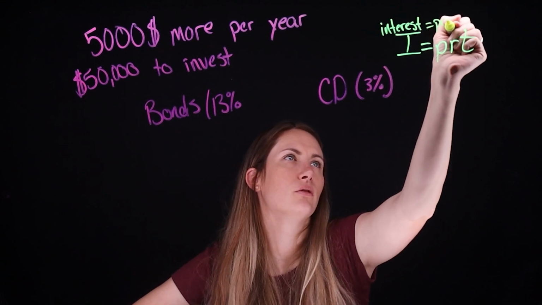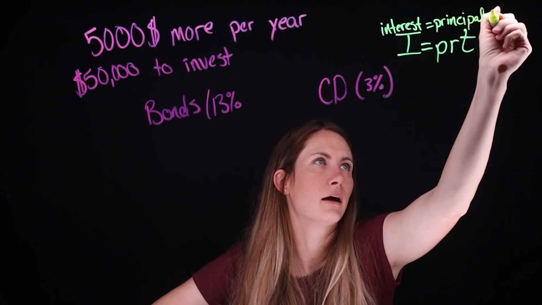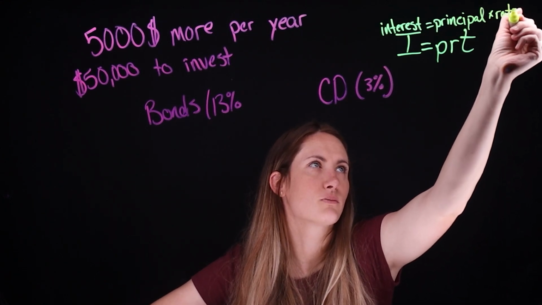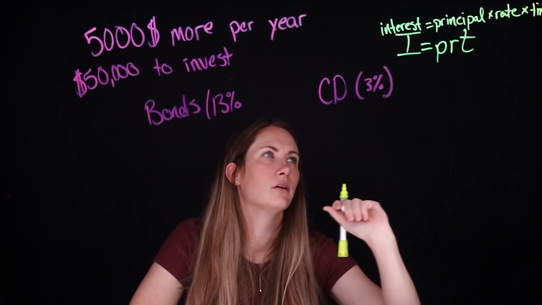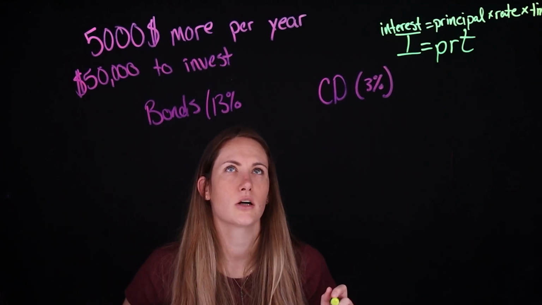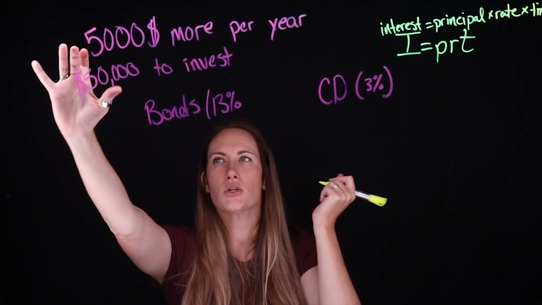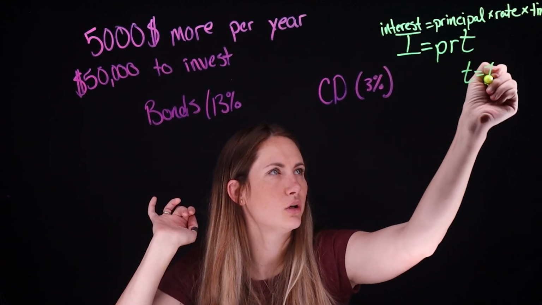Equals principal, which is total, times rate, which is those percentages, times time, which is how many years. So one thing on ours, our time, she needs this much more each year. So time equals 1 year for ours.